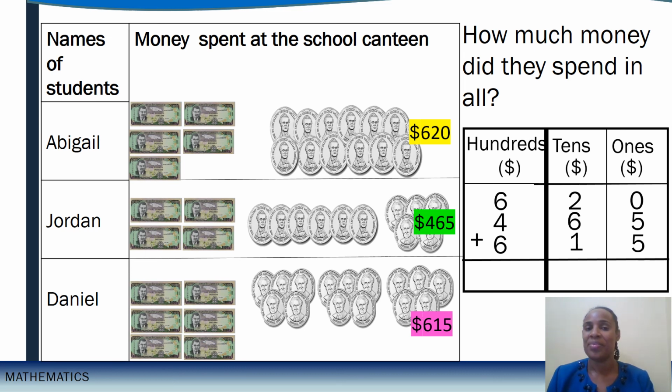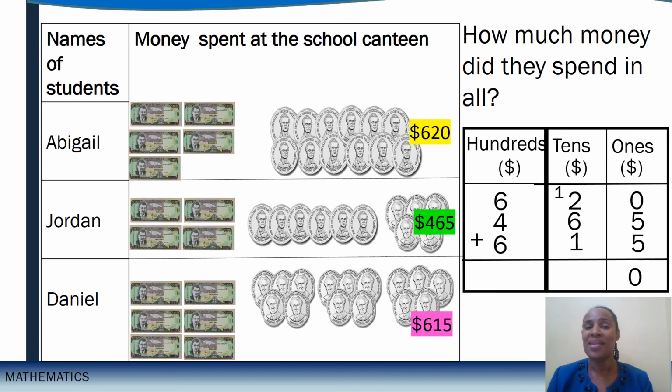Great. In the ones place, we have 5 ones to be added to 5 ones. Now 5 ones added to 5 ones gives us 10 ones. Excellent. Wow. Did I hear a clap, boys and girls?